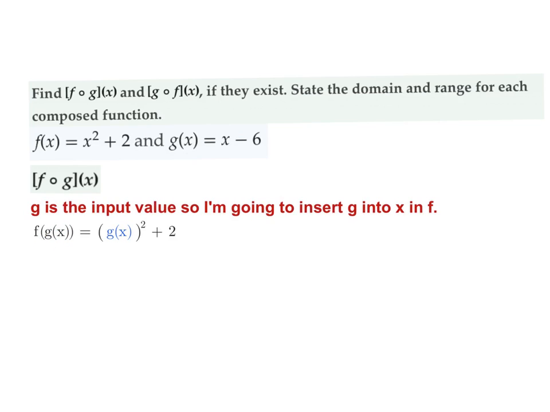Okay? Well, what does g of x actually equal? So compared to the other problem, we had f of 2. This is where 2 was, right? So f is x squared plus 2. So I took g of x and put it in place of x, just like we did when it was a 2. Okay, but what is g of x? What does it equal?